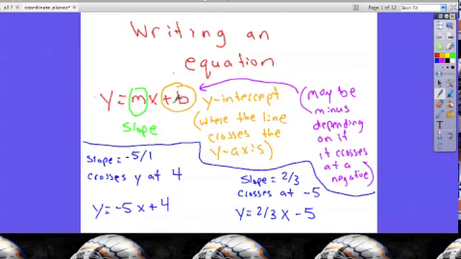This says plus b, but there's a possibility it could be minus b. If it's a positive where it crosses, it's going to be plus, and if it's a negative where it crosses, it's going to be minus. So when I come down here, all I've done is show you where these things go into the equation.